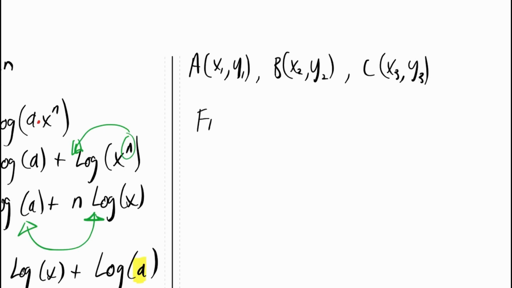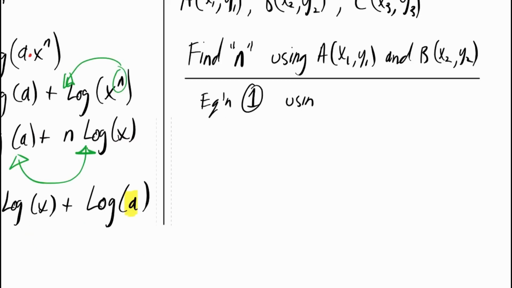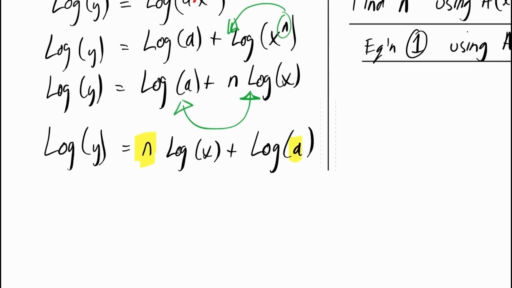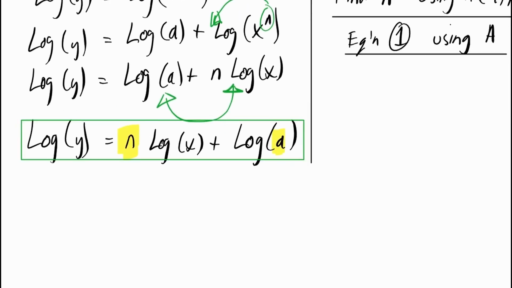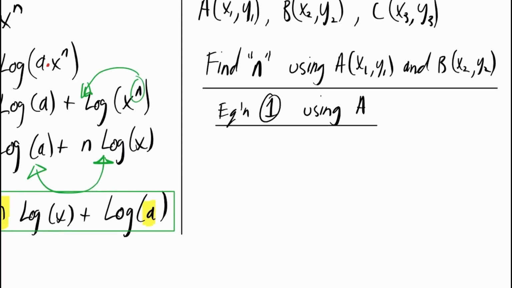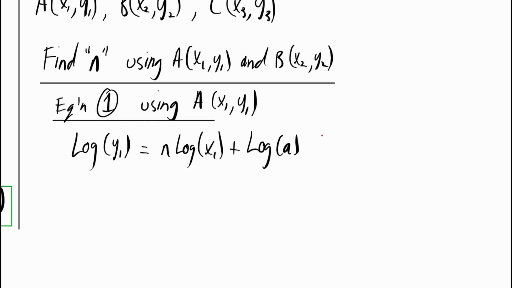So we're going to find n using point A and point B. For our first equation we're going to use point A. Using this equation here, we're going to substitute in our values for y and x. Since we're working with the general case, I should probably put those 2 points there, and we write it like this. Log y1 is equal to n log x1 plus log of a. And that is our equation 1.